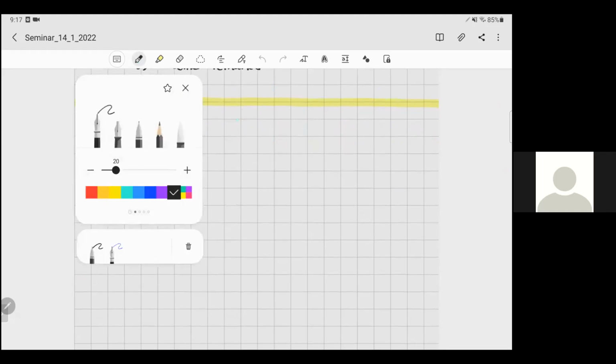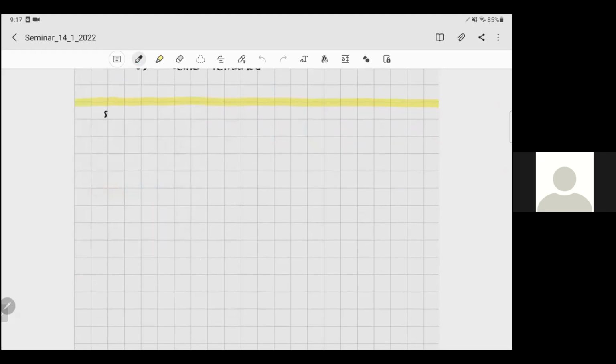So first is the setting. I take a germ of a subanalytic set in R^n. This is a subanalytic metric germ.